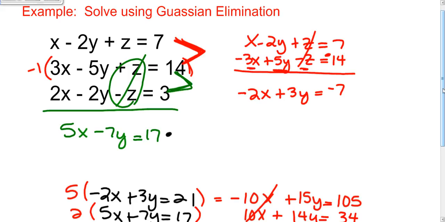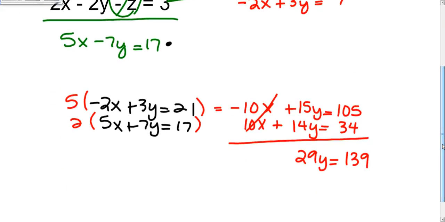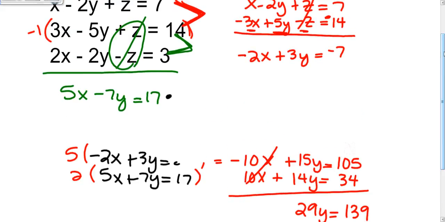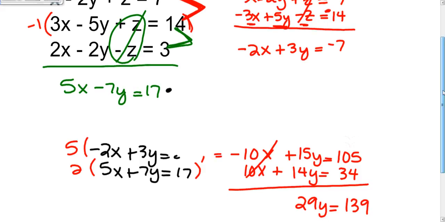Okay, and now that screws me up down here because right here then, sorry, should have been, yeah, that should be -7, sorry, okay.